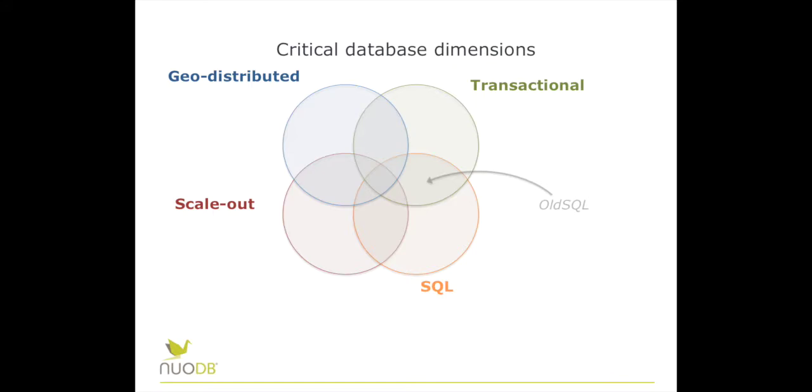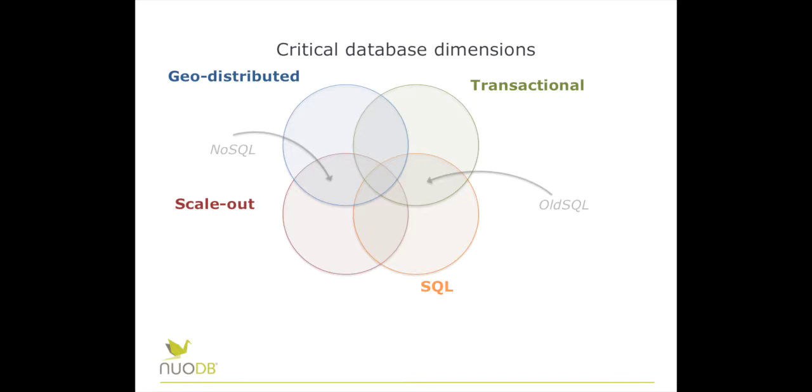So, of course, the old SQL players are in the intersection of SQL and transactional. They all do both of those, but they don't do scale-out and Geo-distributed. The NoSQL guys broke away about a decade ago because they absolutely had to have scale-out. They either couldn't or weren't prepared to pay for the scale-up model of bigger boxes and more licenses, or indeed, in some cases, they absolutely outgrew what was available.